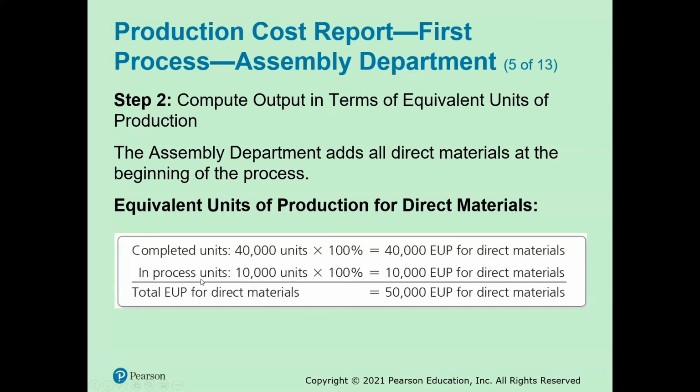And in process units, 10,000 units times 100% is equal to 10,000 EUP for direct materials. So the total is 50,000 EUP for direct materials.